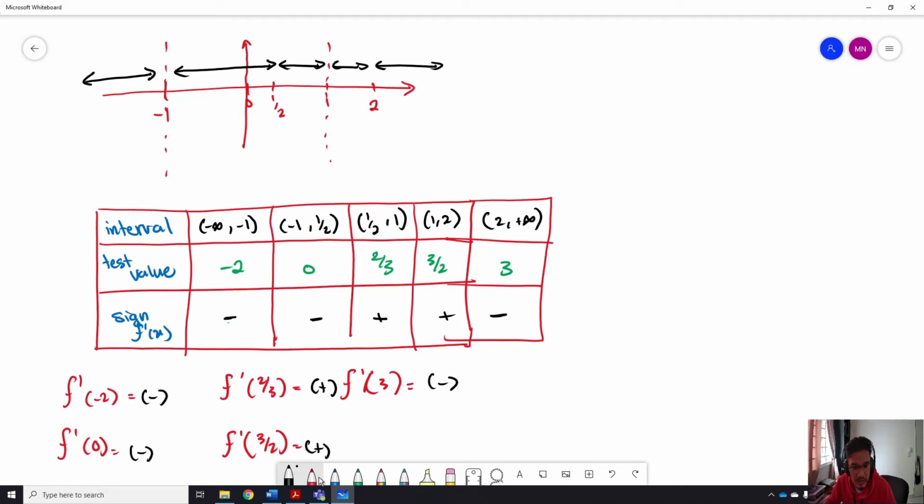The places with the same sign are the negative and negative, which means that here a point of inflection occurs.